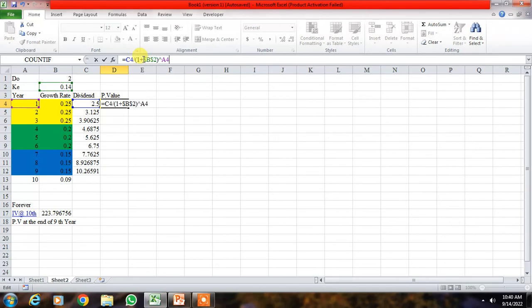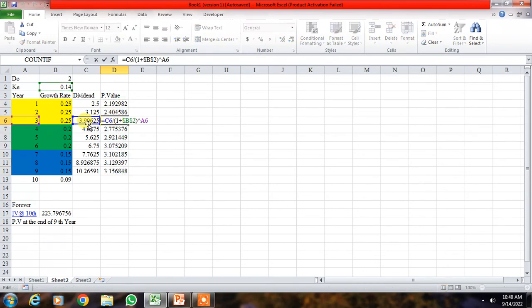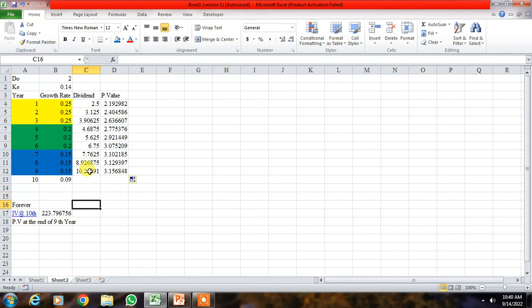Now this is the formula of the present value of the expected cash flows at the end of the first year. Similarly, if I drag it, you can see that this is the present value of D3 at the end of the third year, and this is the present value of the cash flows at the end of the 9th year.